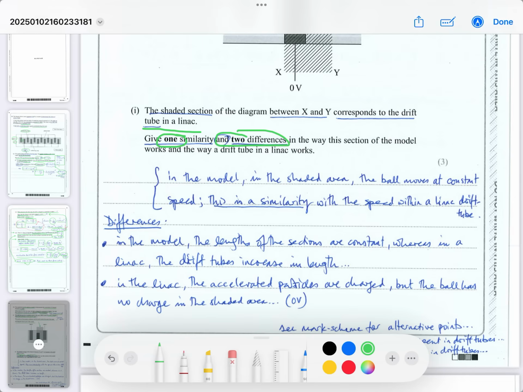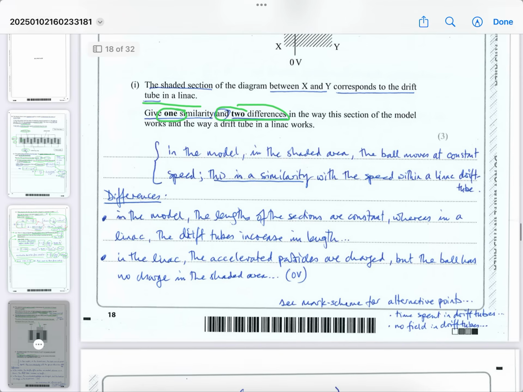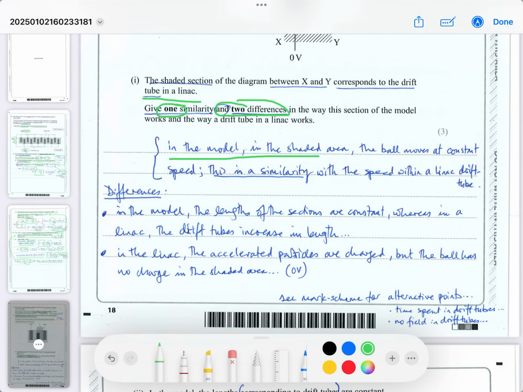Here I've first done the similarity. In the shaded area of the model, the ball must move at constant speed. This is a similarity, because in a LINAC, in the drift tubes, the particles also move at constant speed.